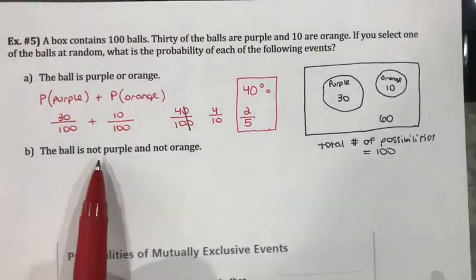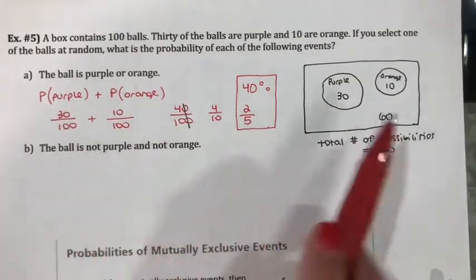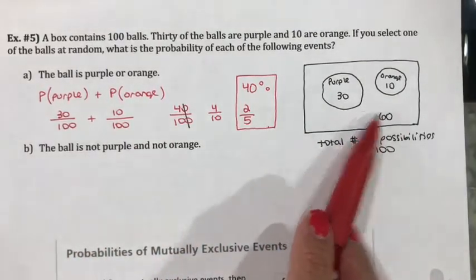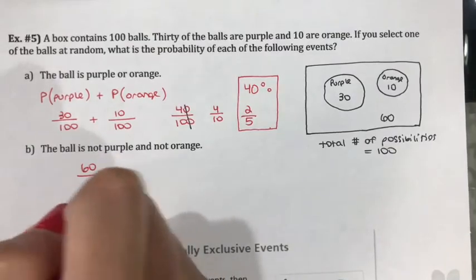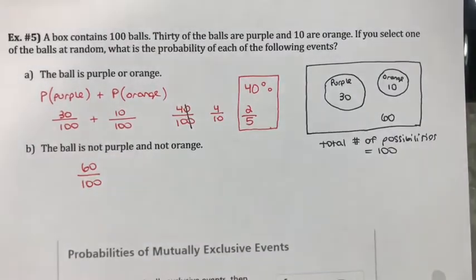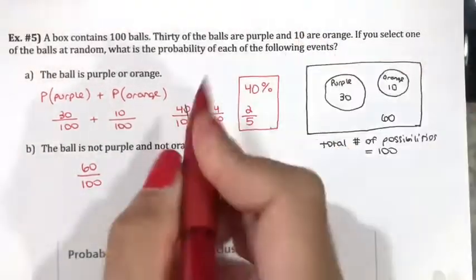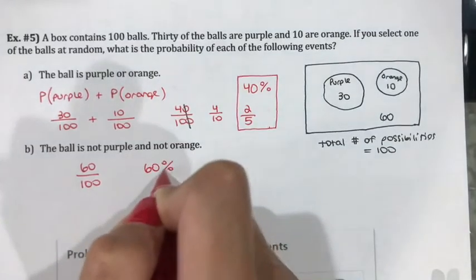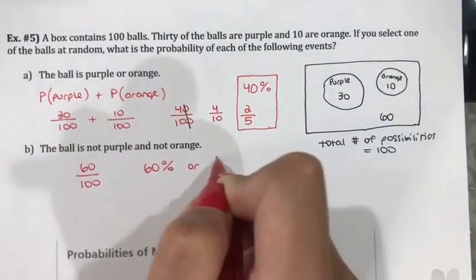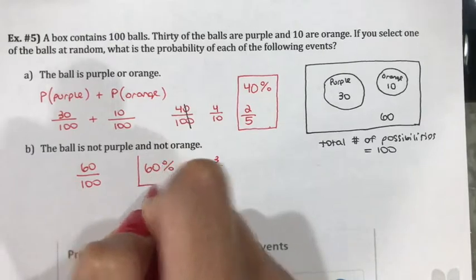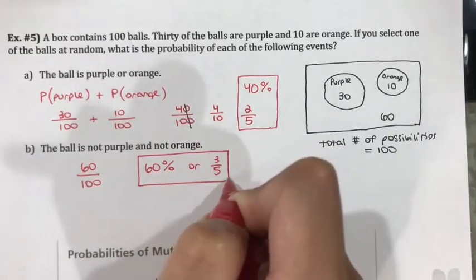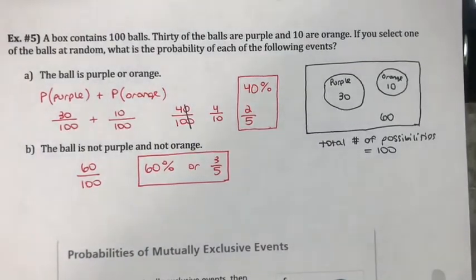Now if the ball is not purple and not orange, it has to fall into this outer section. So that would be our 60 over 100, which is 60% or 3/5. And obviously you can put that into your calculator, okay?